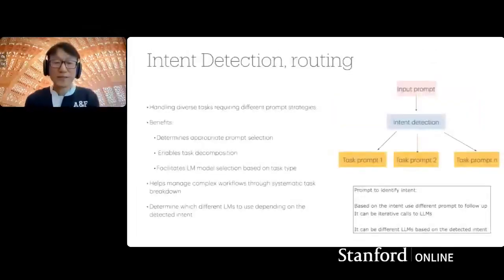All right, so this is a simple idea, but it will be helpful for many applications. Instead of taking your input prompt as is and processing it, you may have some software or some model that can detect the intention and then send it to different prompt handlers. This is also known as the prompt router.